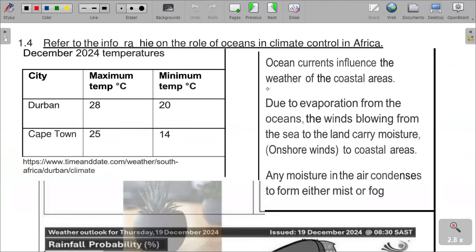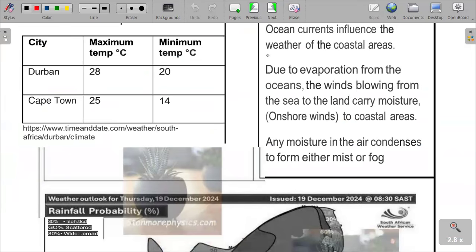So now we want to talk about question 1.4, which is: ocean currents influence the weather of the coastal areas due to evaporation from the oceans and the winds blowing from the sea to the land carrying moisture. I have been saying that when air moves from the oceans to the land, we call that onshore winds.